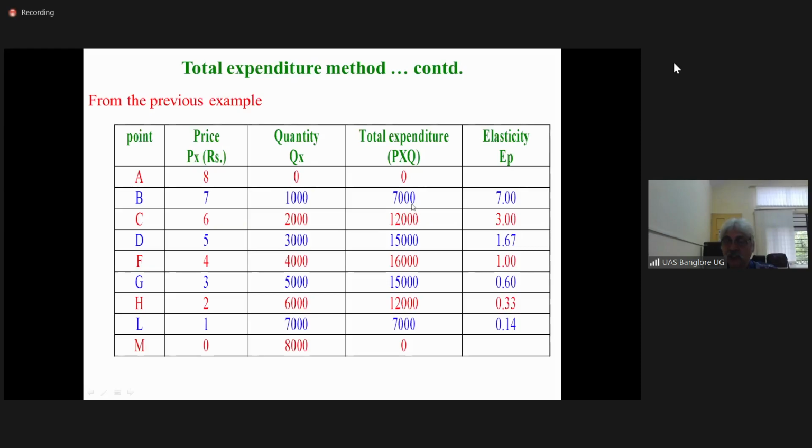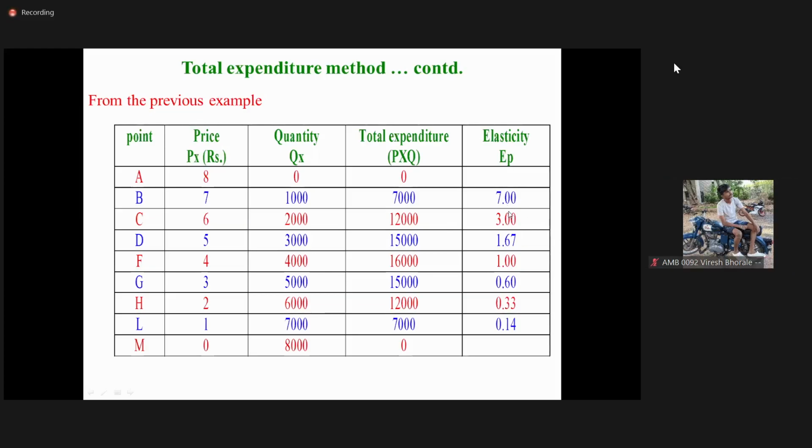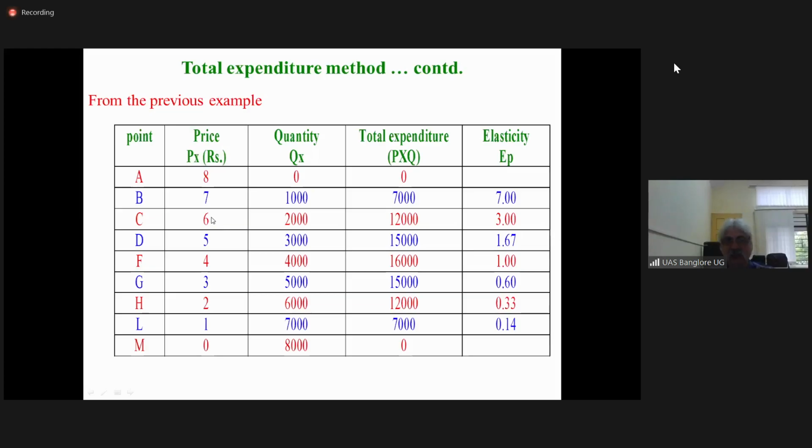New expenditure is greater than the original expenditure when the price falls from 7 to 6, as the total expenditure has increased from 7,000 to 12,000, and your EP is greater than 1. And next one, 6 to 5, there is a decrease in the price, but the total expenditure increases. So 1.67 and so on, they are all greater than 1.